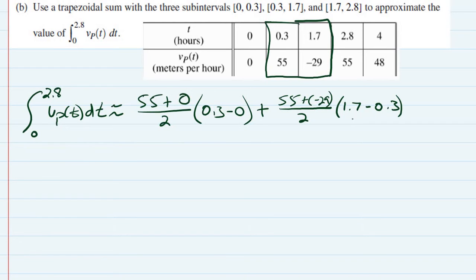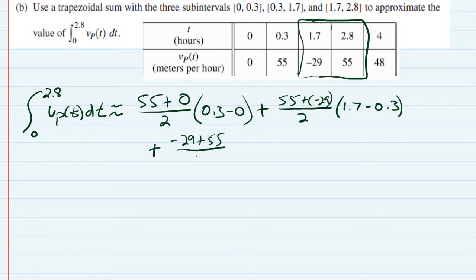That gives me the height of the trapezoid. Then the last trapezoid is going to be the one that involves these sections here. That's going to be negative 29 plus 55, the bases of this trapezoid. I take the average and then take 2.8 minus 1.7.